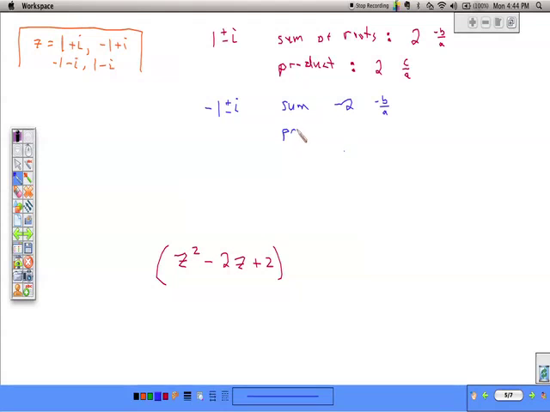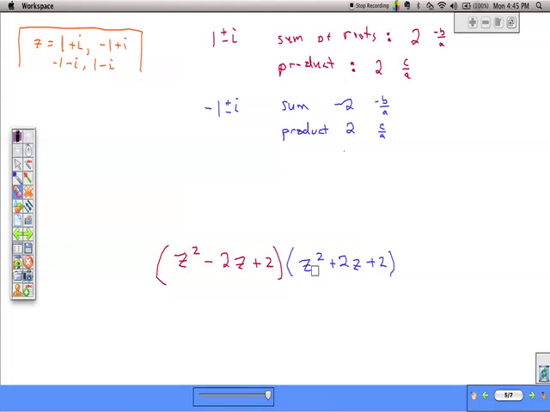The product, when I multiply these together, is positive 2, that's c over a. So this quadratic factor is z squared plus 2z plus 2. We have now just factored z to the fourth plus 4.